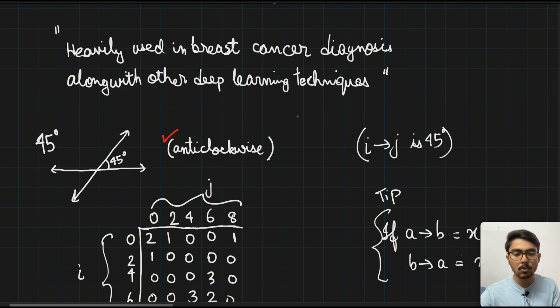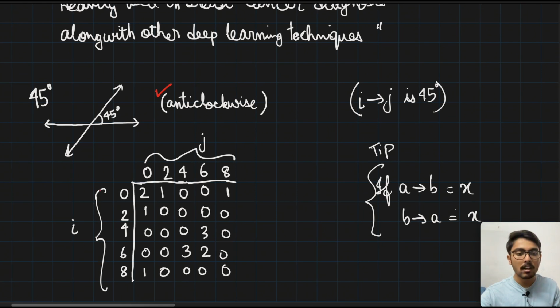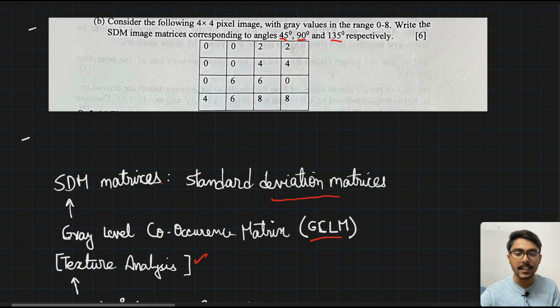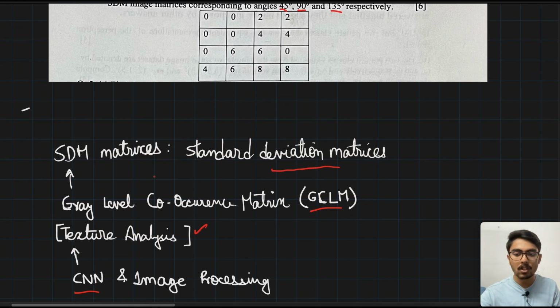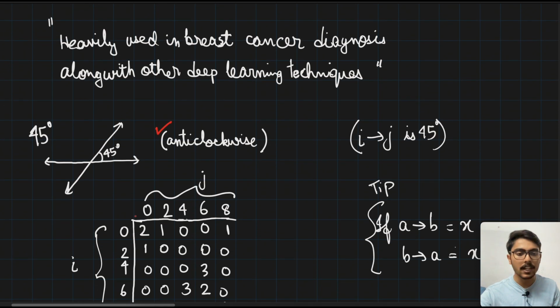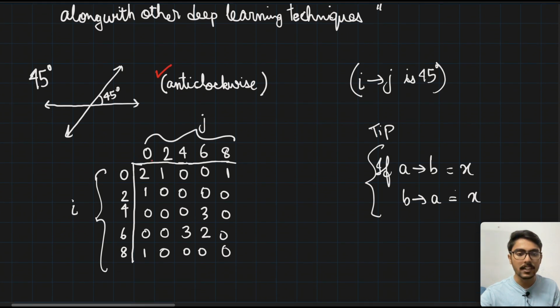Whenever we see i in the matrix given below, let us consider the row as the ith number and the column as the jth number. We have all these values like 0, 2, 4, 6 and 8, which make up the row values and the column values. You see the names of the rows and columns are written accordingly: 0, 2, 4, 6 and 8, and 0, 2, 4, 6 and 8.